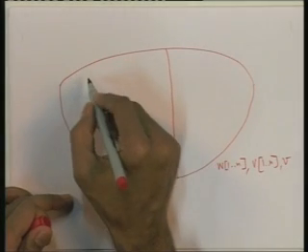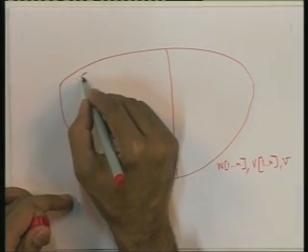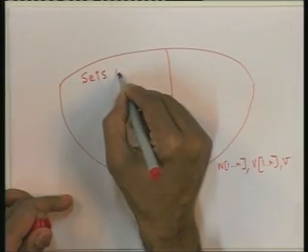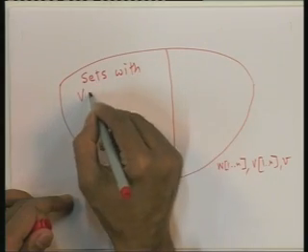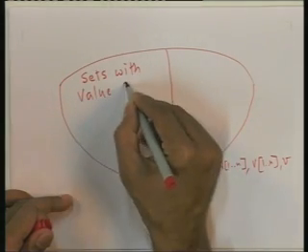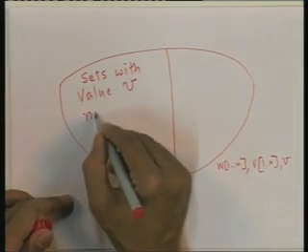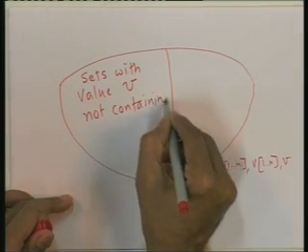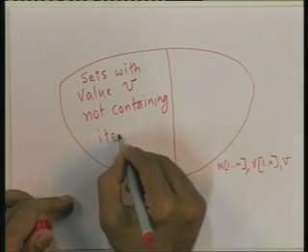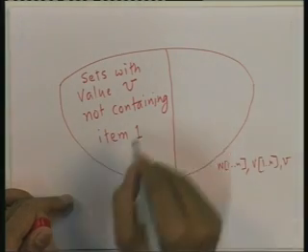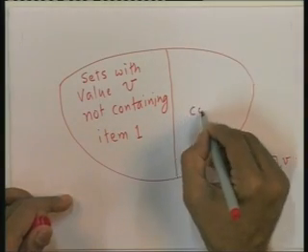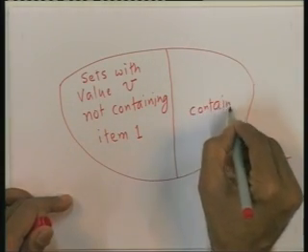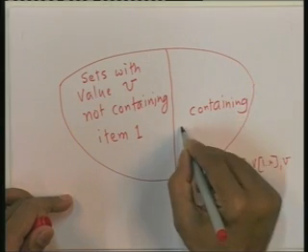So, this consists of sets with value v not containing item 1, and this consists of sets containing item 1.